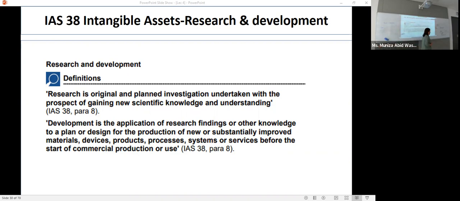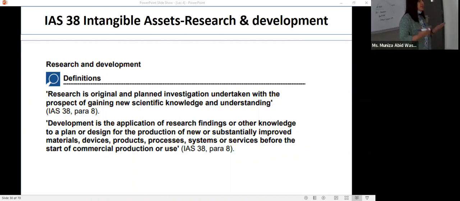Now the second thing is development. Once the organization has gained particular knowledge and starts implementing it, for example, by making research, the organization has come to know that if a particular design is made, it is going to help the organization reduce its cost.